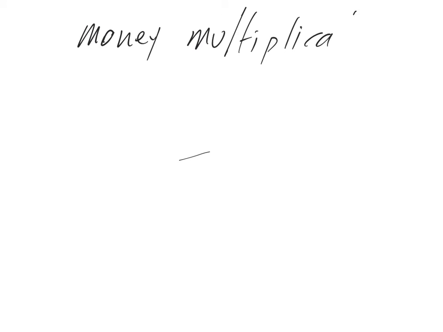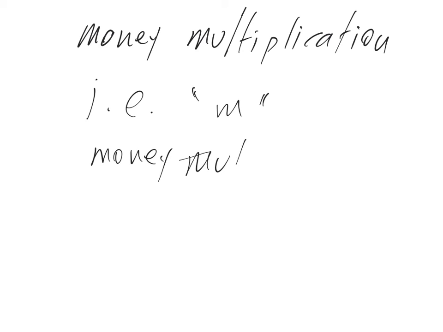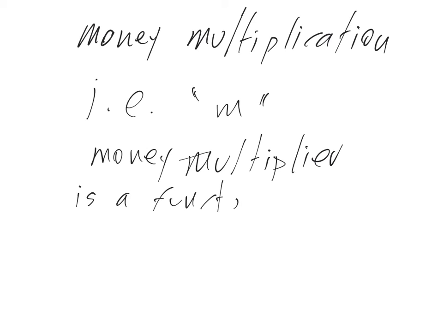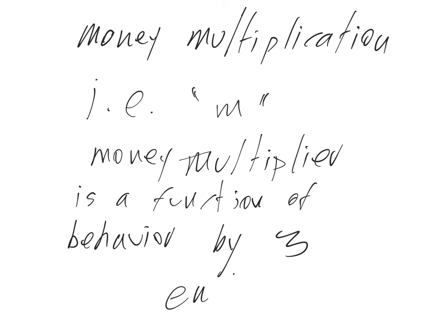Well, what this says is that money multiplication, that is m, little m, which is what we call the money multiplier, depends on, or is a function of, the behavior of 3 entities.